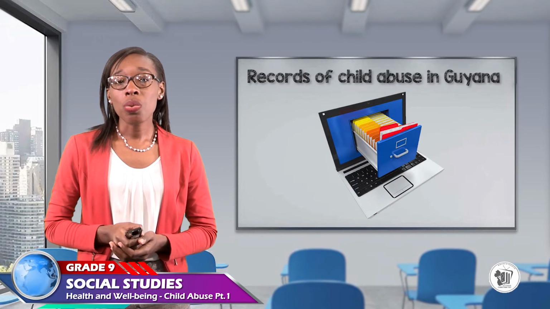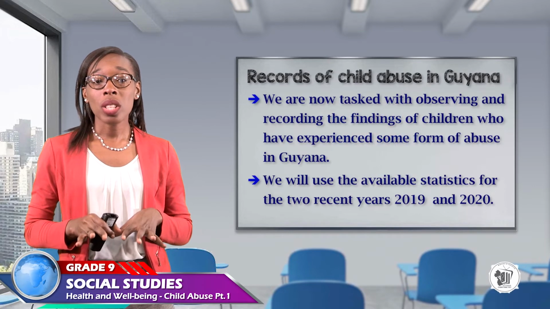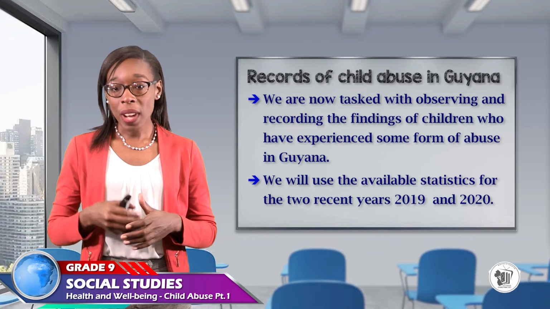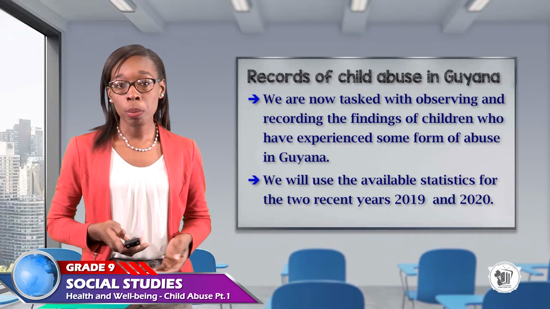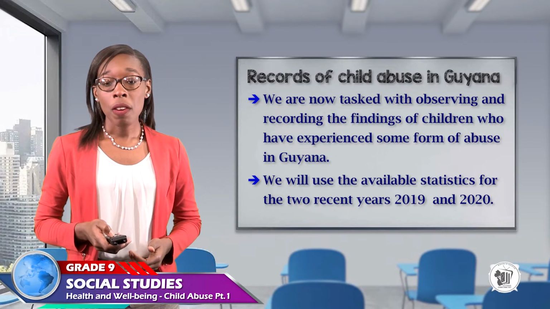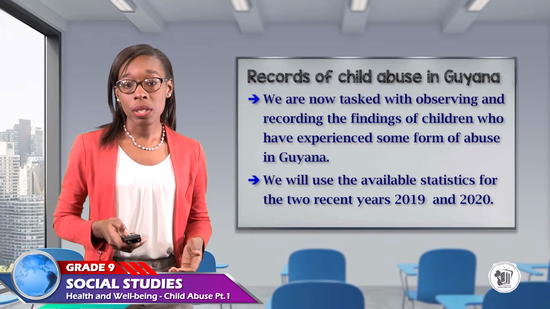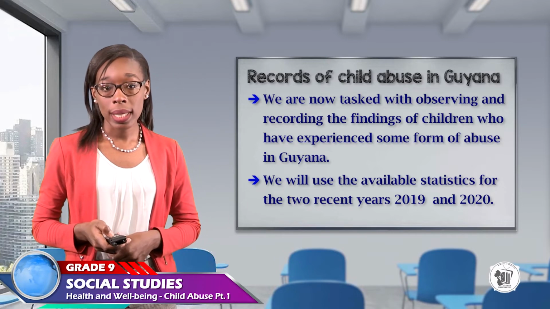Let's now move into records of child abuse in Guyana. We are now tasked with observing and recording the findings on children who have experienced some form of abuse in Guyana. We will use the available statistics for the two most recent years, that is 2019 and 2020.